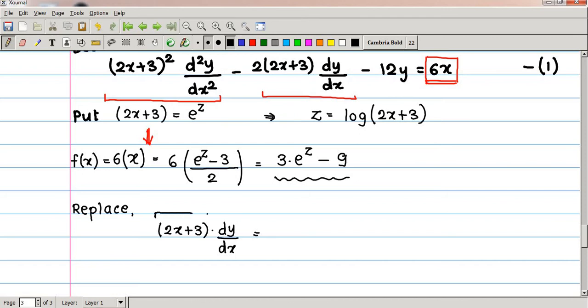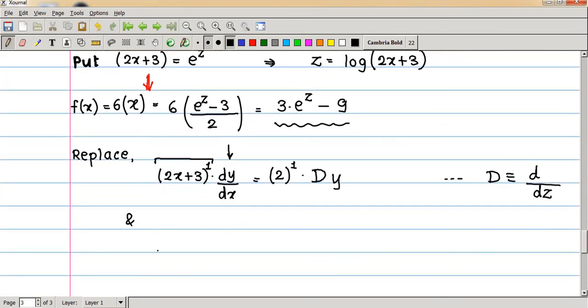First we consider the linear factor, the variable coefficient 2x+3. Here the value of a is 2. It appears only once, so we start with 2 raised to 1 into. Since the derivative is of order 1 only, we take the differentiation operator D operated on the dependent variable y, where D is the derivative with respect to the new variable z.